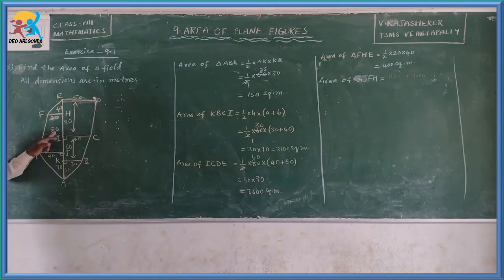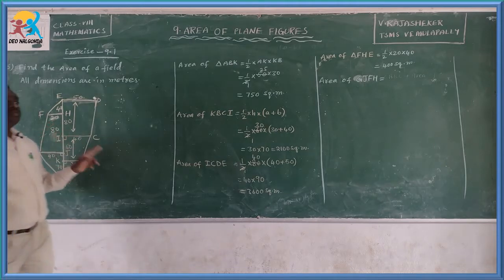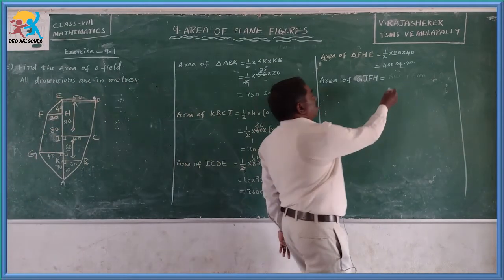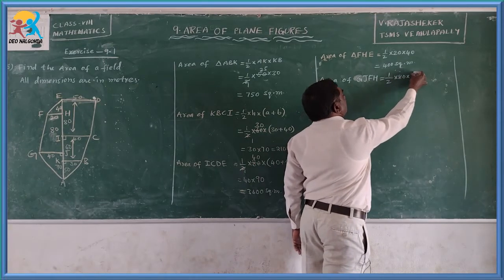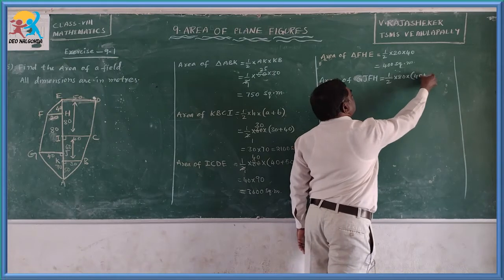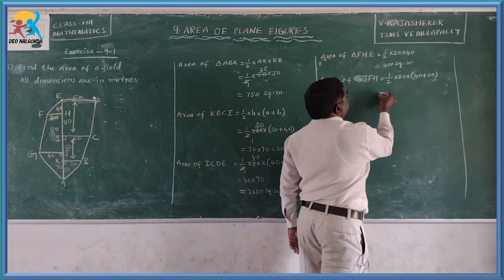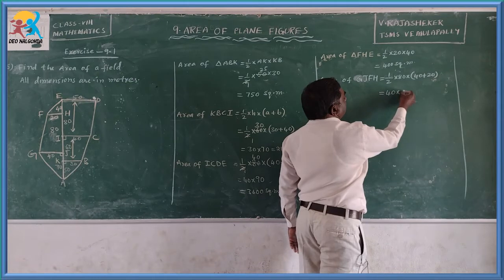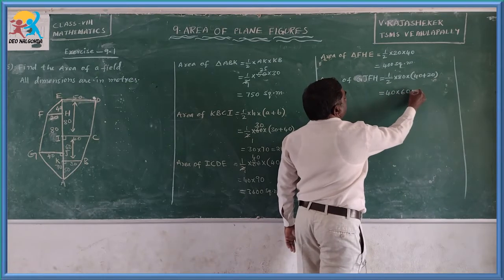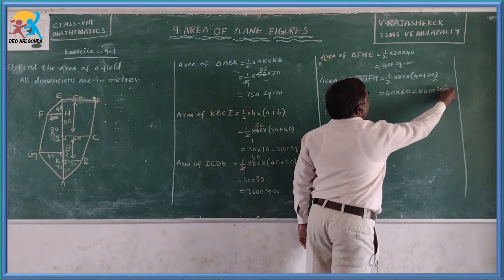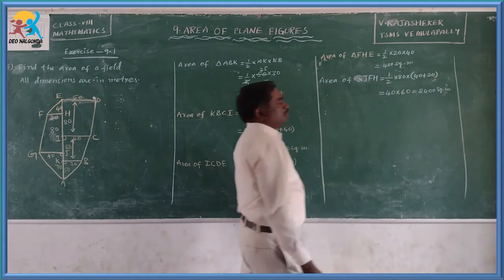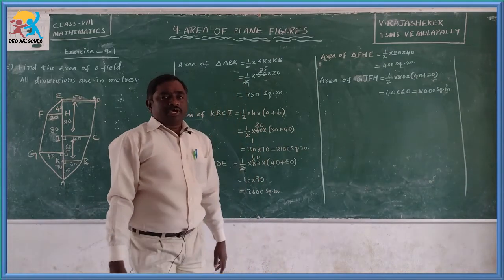The distance between the two parallel sides is 80, and the sum of the two parallel sides is 40 plus 20. So directly we write half into 80 into 40 plus 20, that is 40 into 60, which comes to 2400 square meters.